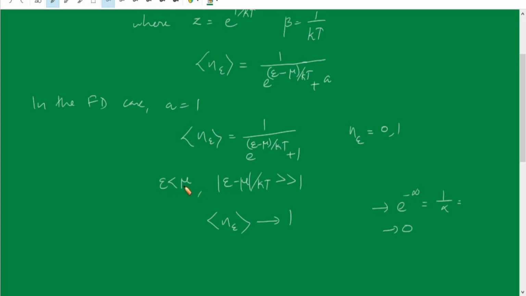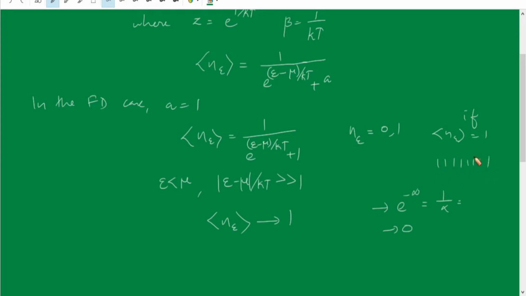E is less than mu, that is, if the energy is lower than the chemical potential, and also the magnitude of this quantity is very high, then N_E has its maximum value. N_E can have a maximum value of 1. If average N_E is 1, what does it mean? It means all the levels have the number 1.